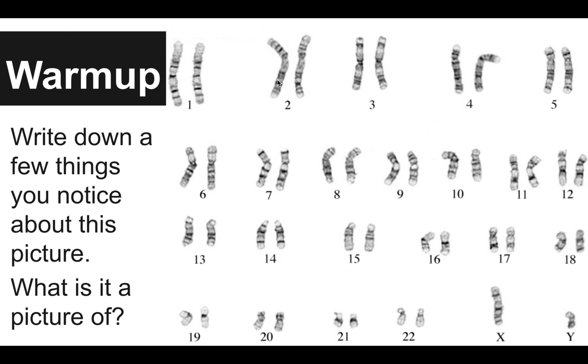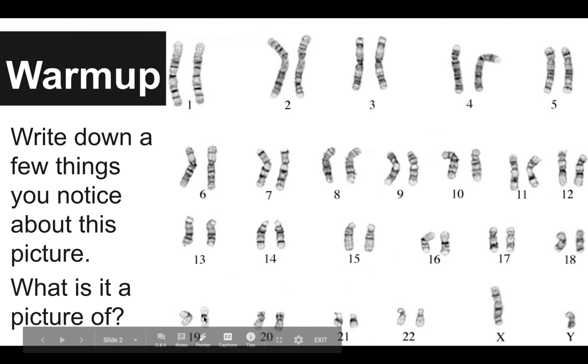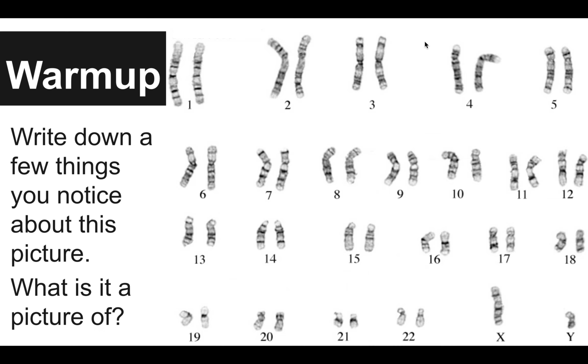All of those are genes. We talked about those when we talked about the lactase gene, and today we're going to talk about specifically what a gene is. You might have also noticed that they go from biggest all the way to smallest down here. They're about the same in color, and the black stripes kind of line up.